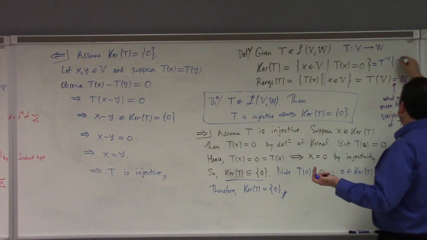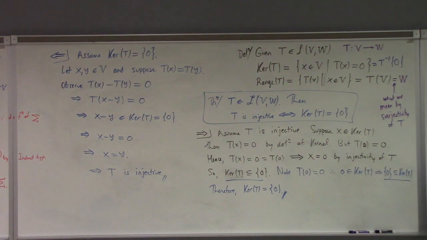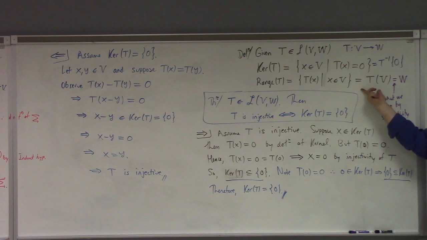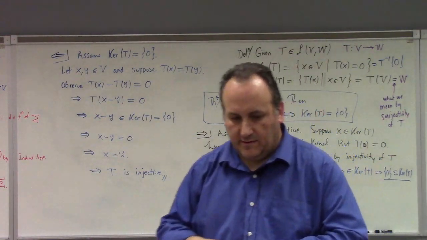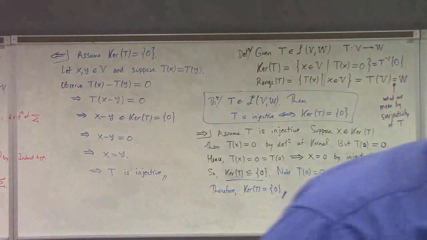It's the inverse image of the zero space, right? That's what that is. So it's a subspace by my theorem over there. And the range is the image of V. Is V a subspace of V? It is. So yes, range and kernel are subspaces. Anyway, that's it for today, guys.